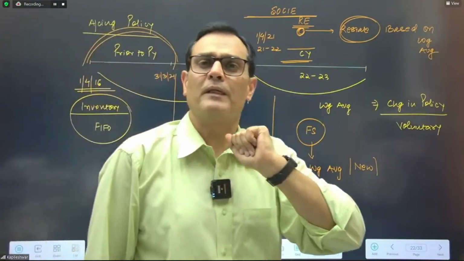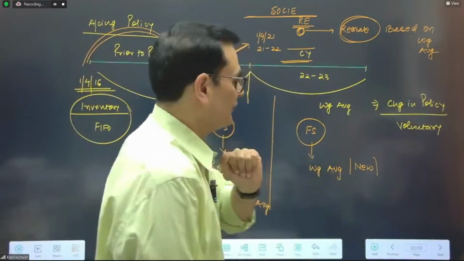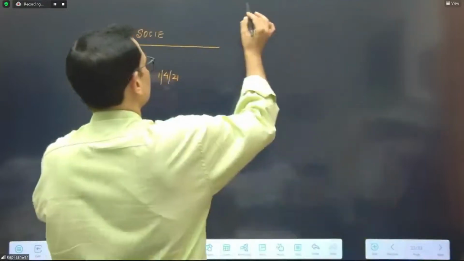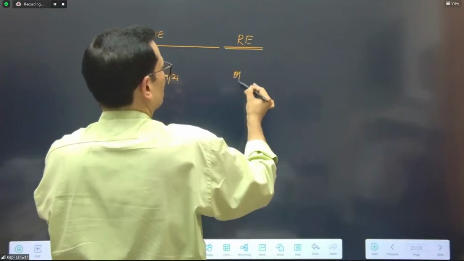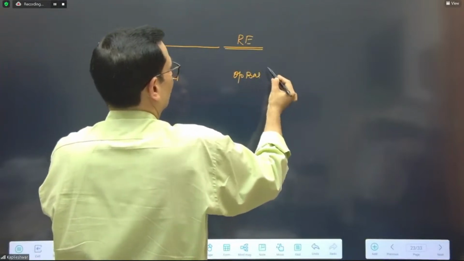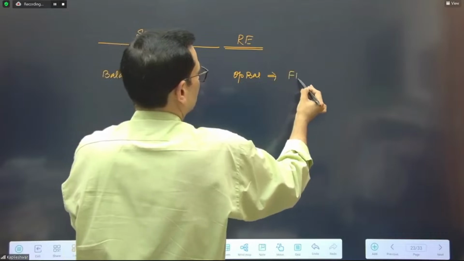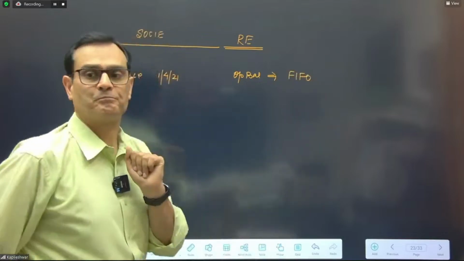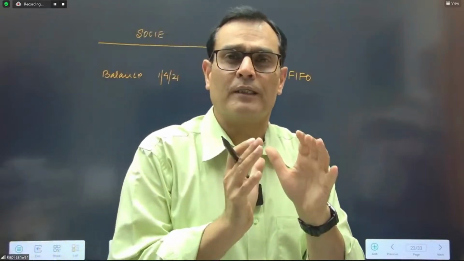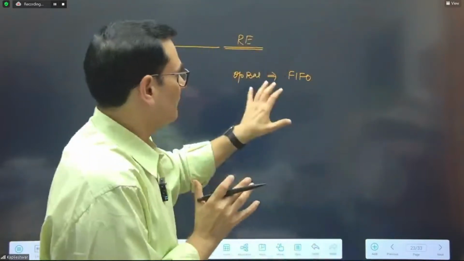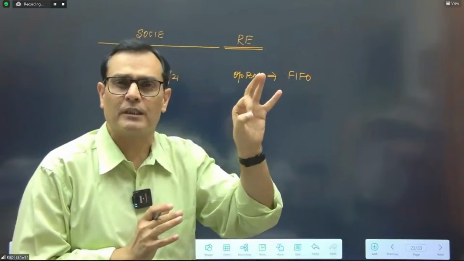This is the opening balance of retained earnings. This opening balance in the books of accounts is based on first in, first out, because the company has followed FIFO in the previous years.